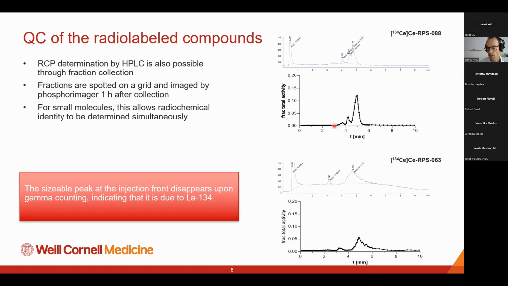And what we see beneath it is what we're calling the true chromatogram, so the chromatogram produced after secular equilibrium was reached. And just as Professor Flavel pointed out earlier, you see disappearance of the peak at the front, which is the lanthanum that's decayed out. And we see this is true both for the macropa containing compound and also the DOTA containing compound.